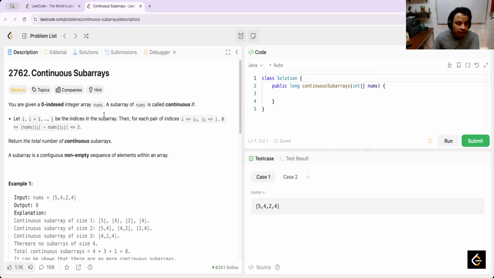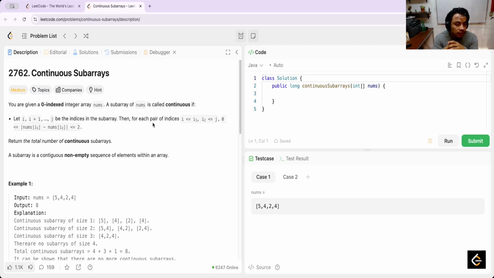It's a daily challenge. Given a zero-indexed integer array nums, a subarray of nums is called continuous if, letting i, i plus 1, until j be the indices in the subarray, then for each pair of indices i1, i2 with i less than or equal to i1, i2 less than or equal to j, 0 is less than or equal to nums[i1] minus nums[i2], which is less than or equal to 2.